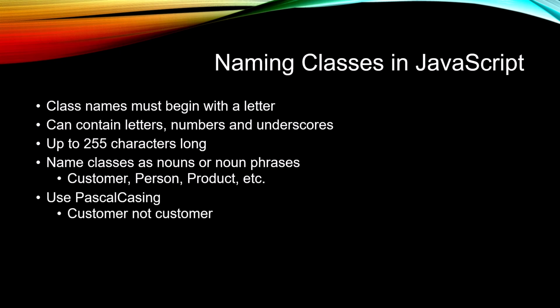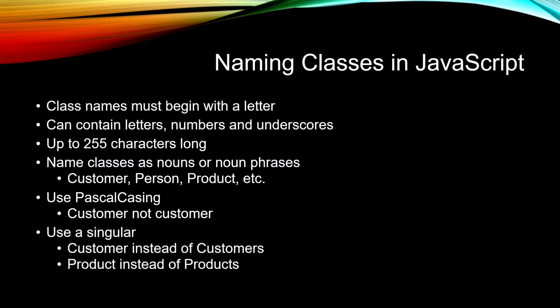We use Pascal casing, so we want an uppercase letter for our first letter in our class name. So Customer with an uppercase C, not customer with a lowercase c. We also use a singular, Customer instead of Customers, Product instead of Products, etc.